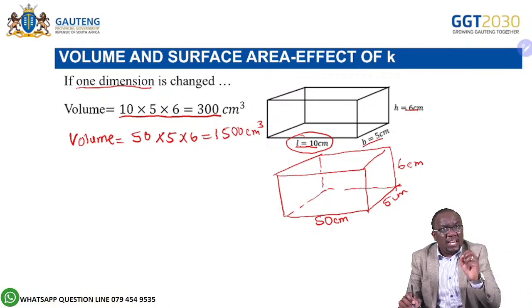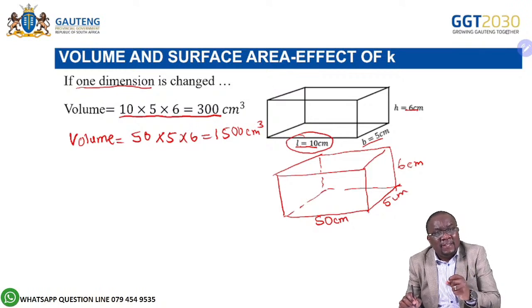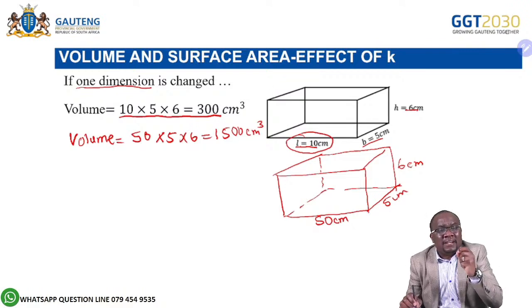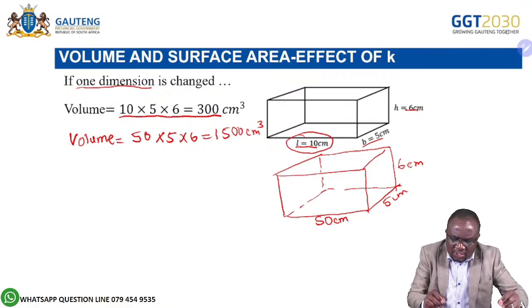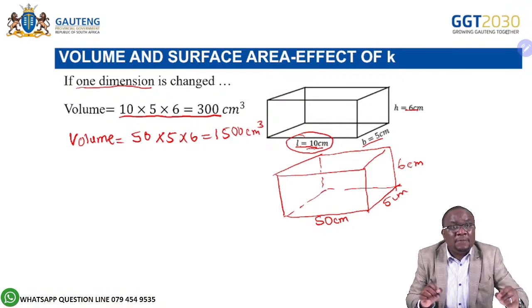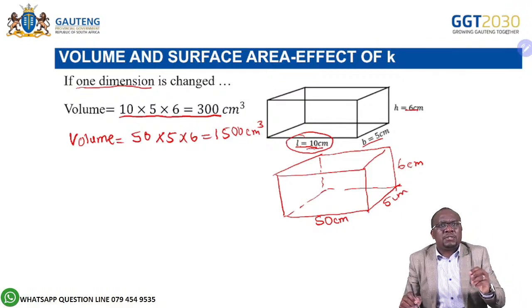So if you multiply one dimension by a factor of k, the volume also is going to increase by that factor of k. We multiplied one dimension by 5, so the volume also is going to increase by a factor of 5.